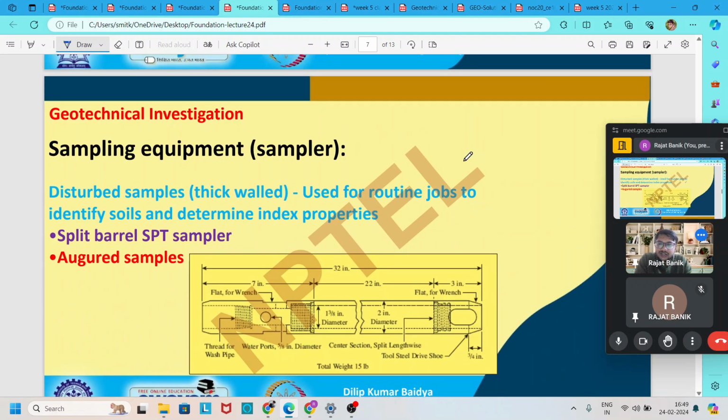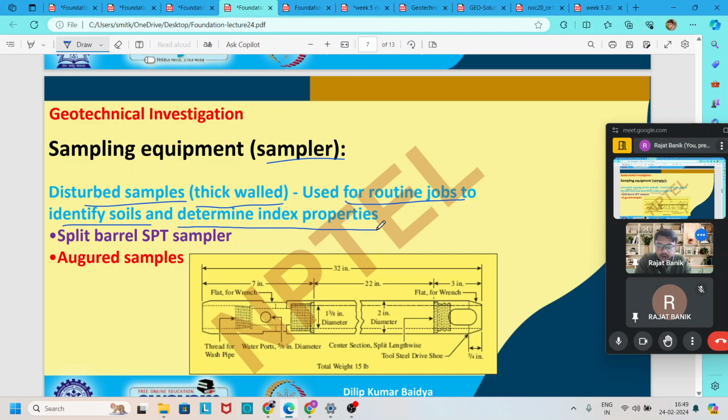Now, sampling equipment, which is also called a sampler. For disturbed samples, we use a thick wall sampler. This is used for routine jobs to identify soils and determine the index properties.